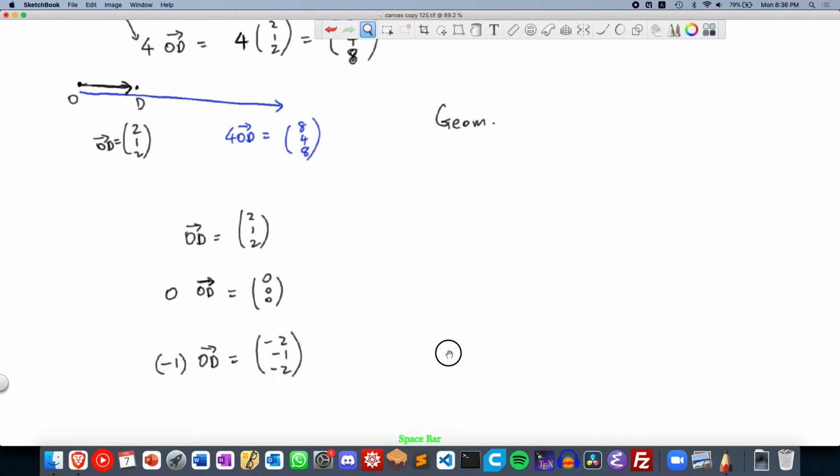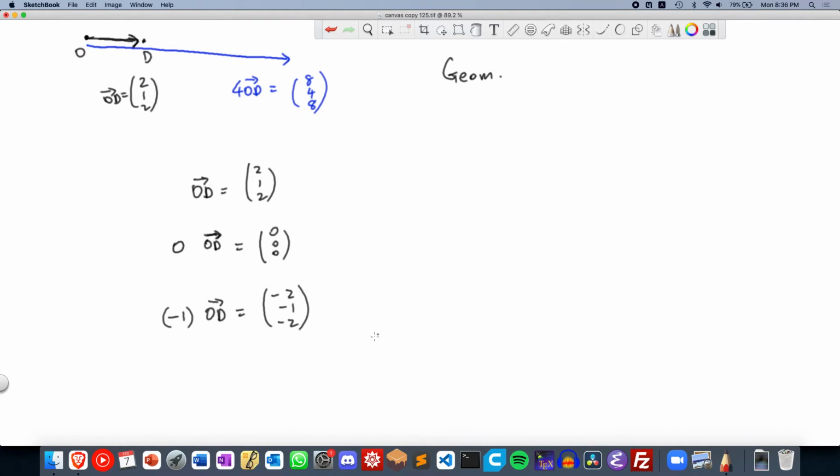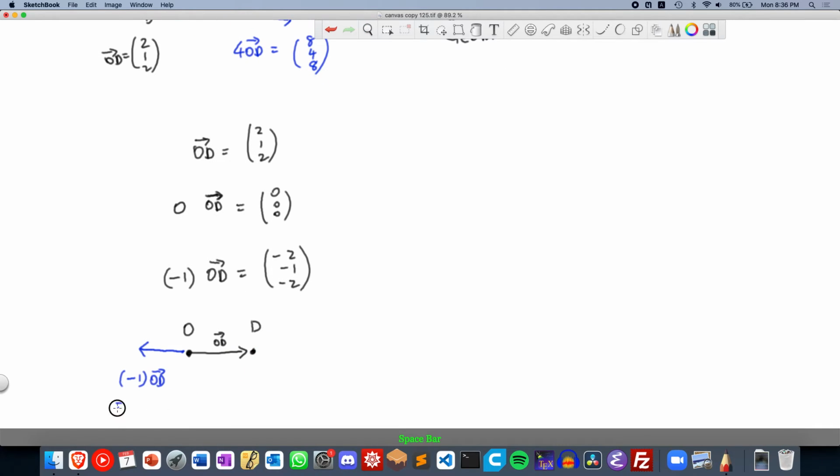So what does this mean? If I scale a vector by a negative, then I'm flipping the vector around. Initially, we have the vector from O, the origin, to the point D. Then by scaling by minus 1, I'm flipping it around like that. So this is minus 1 times OD, or sometimes we also write it as minus OD.